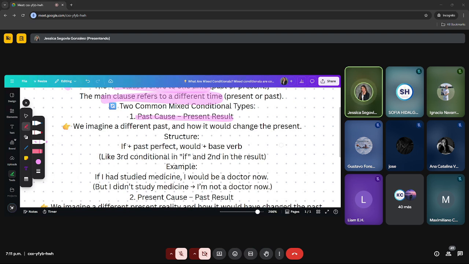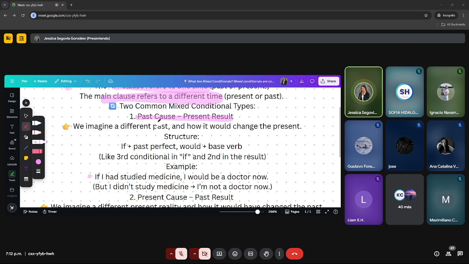For example, if I use this example below, if I had studied medicine, I would be a doctor now. But this is a hypothetical situation because I did not study medicine and I am not a doctor. I am an English teacher. So conditionals generally refer to hypothetical situations. We imagine a different past and now it would change the present.